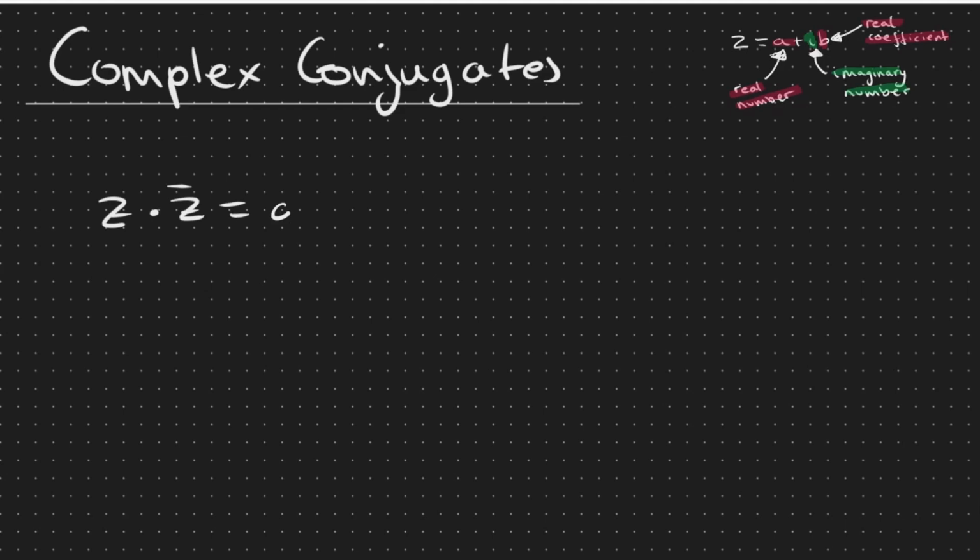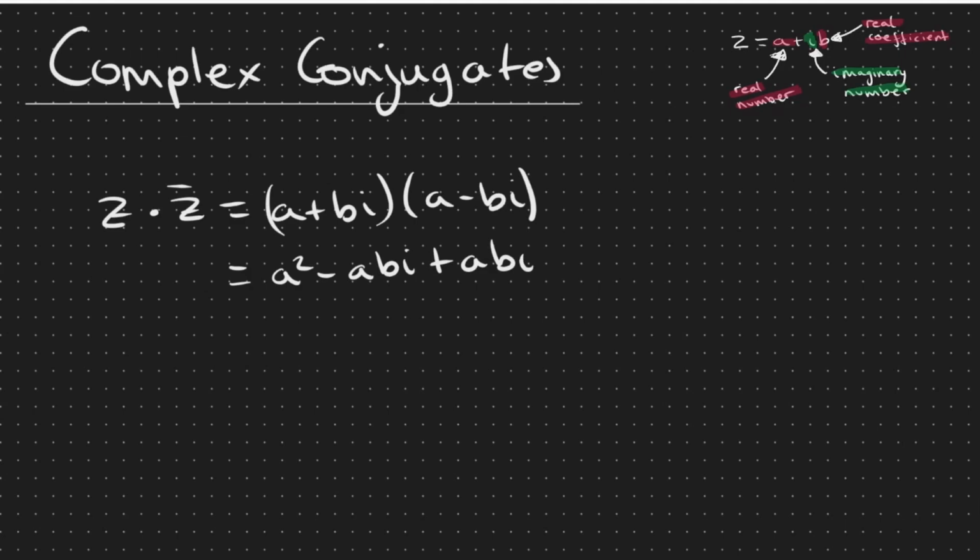This would be equal to a plus bi times a minus bi. Now, if you expand these brackets, this is equal to a squared minus abi plus abi. Look out for the i squared here.